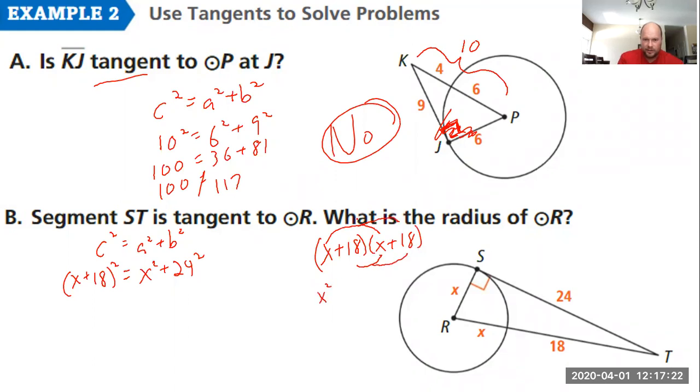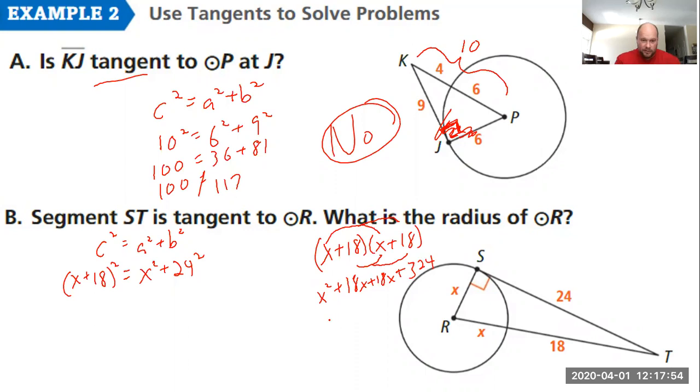So we get x squared, x times 18 is 18x, 18 times x, again, is 18x, and then 18 times 18, who knows their perfect squares? 324.